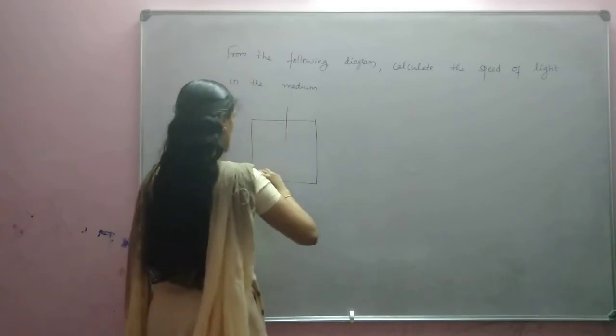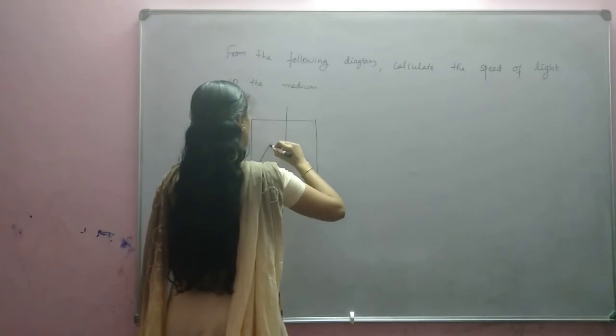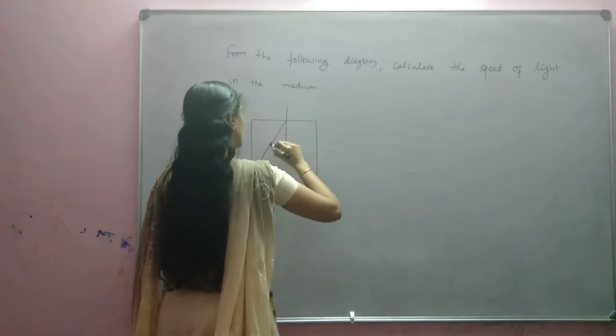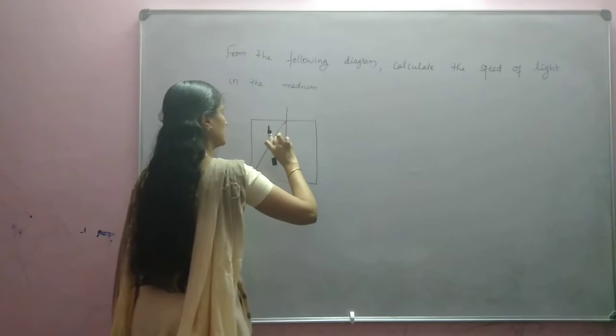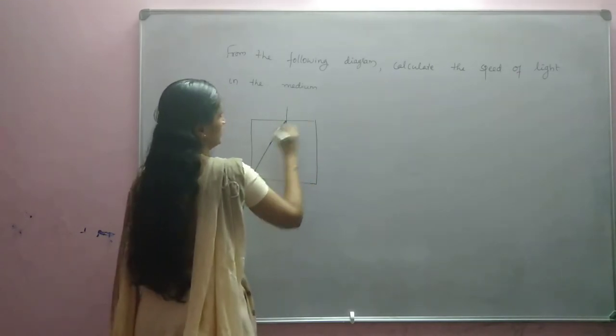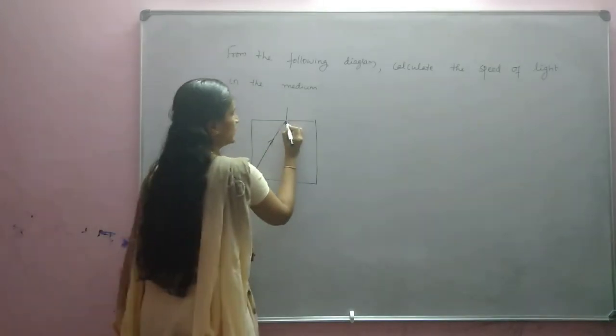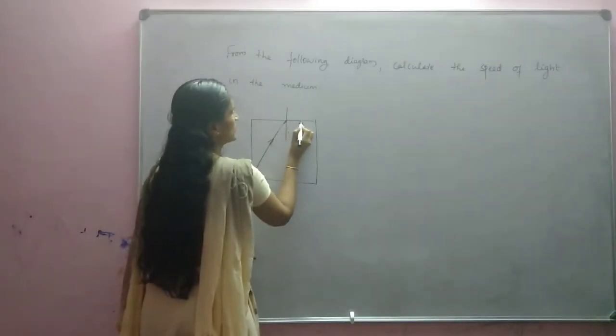So normal, from here light is traveling, it just grazes through the surface.